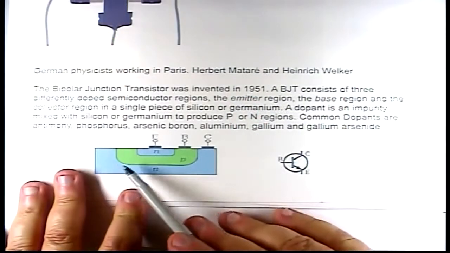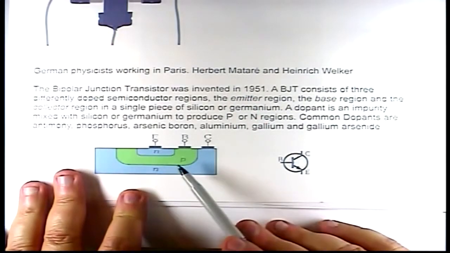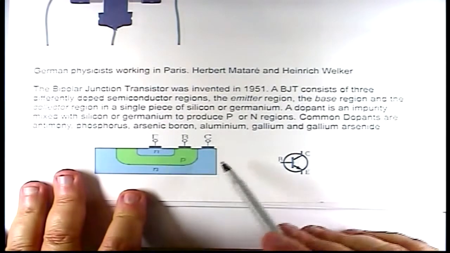Common dopants used to create regions of a transistor are antimony, phosphorus, arsenic, boron, aluminum, gallium, and gallium arsenide.